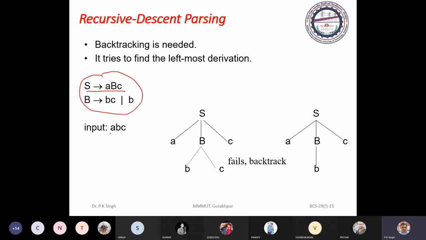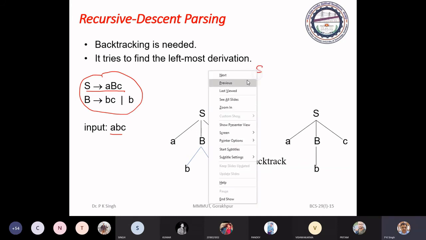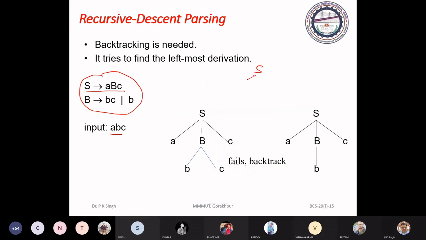The string to be parsed is ABC. Okay. So we start from the start symbol in the top-down case, and it is A, B, non-terminal, C. Now next symbol we will get the match A.